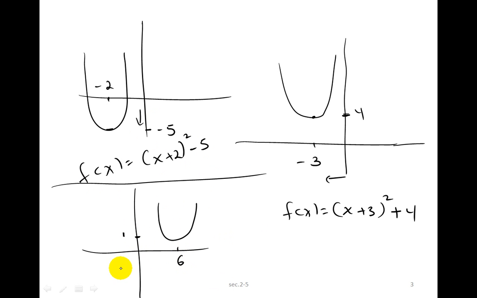Okay, this one, it's 6 units to the right, that means f of x equals x minus 6 the whole squared, and 1 unit up, so 1 will be added here. Good.